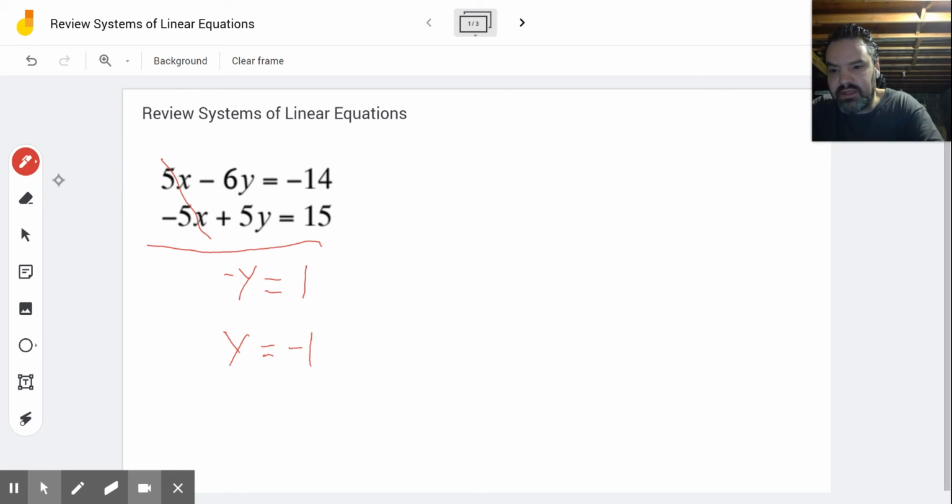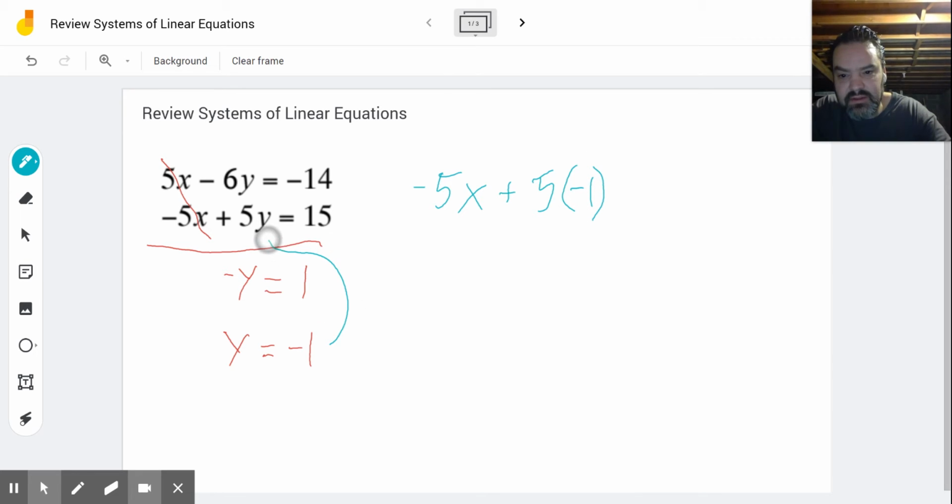And the new equation that I get is going to be minus 5x, just copying that, plus, and now it's going to be 5 times negative 1. So I just put this value into here, and that's all equal to 15. Negative 5x minus 5 equals 15.